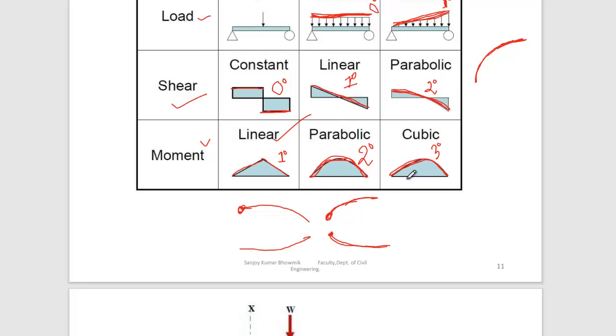Sorry for my drawing, but here you can see. So this is also increasing. It started from the flat line and gradually it is increasing, right? Do you understand? Yes, sir. Understand. Okay.